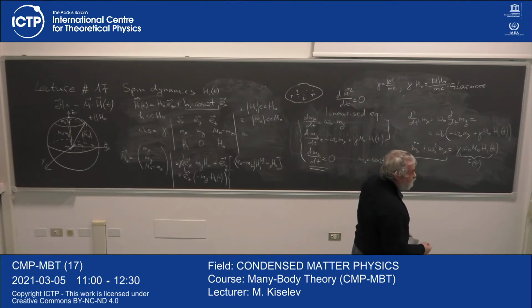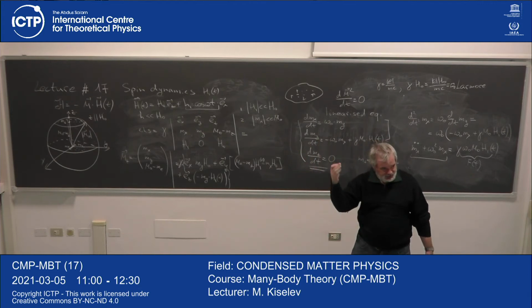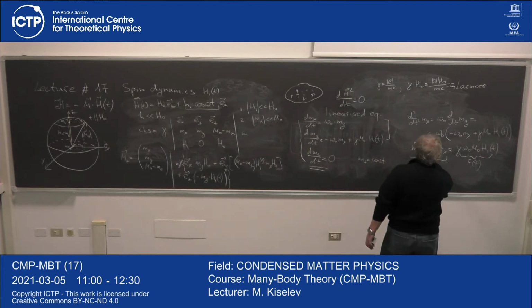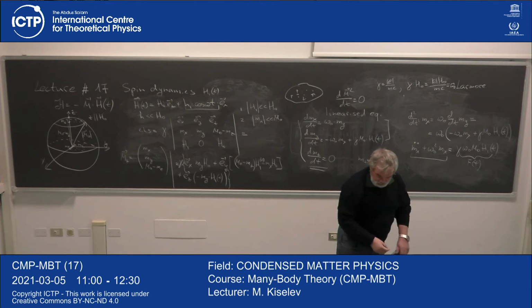Therefore, what we are getting physically is that your magnetization vector will precess with respect to the z-axis with a frequency equal to the Larmor frequency. This is a precession.